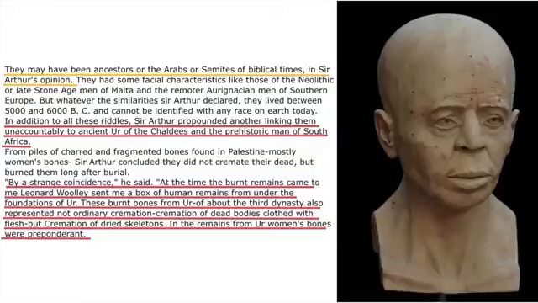These burnt bones from Ur of about the third dynasty also represented not ordinarily cremation of dead bodies clothed with flesh, but cremation of dry bones, in which women's bones preponderated.